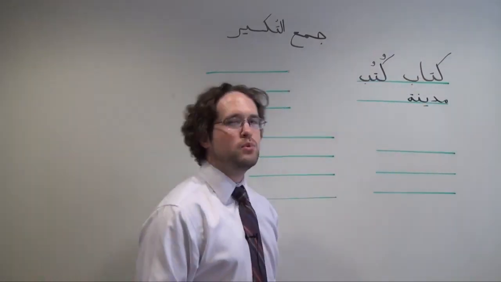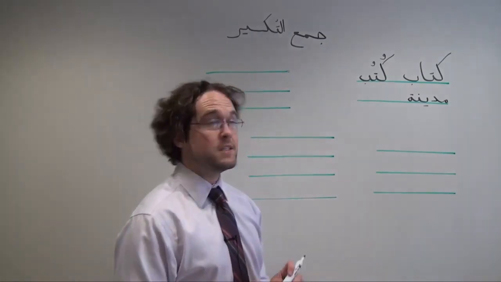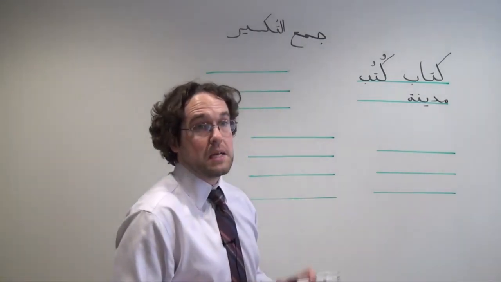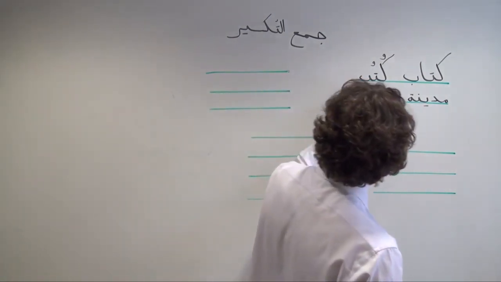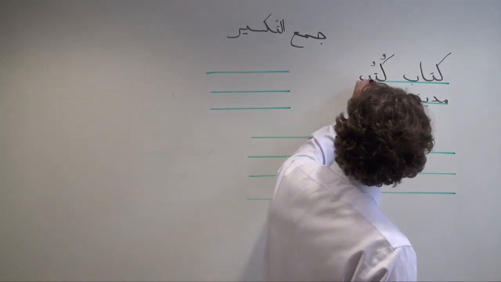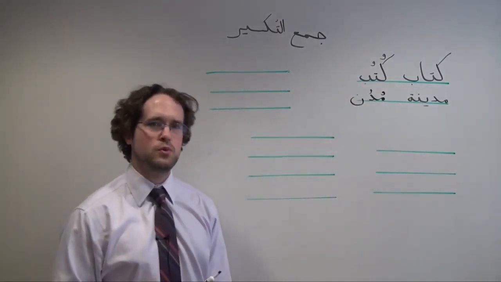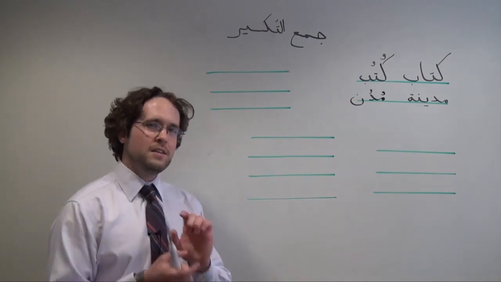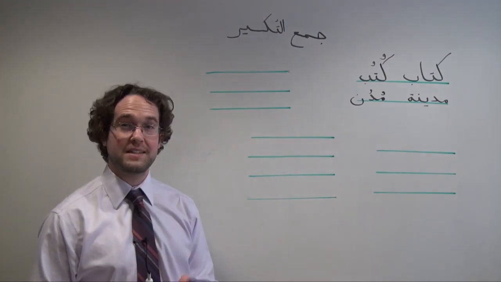Now you see a ta marbuta, so if you didn't know any better, it might be a decent guess to think, oh, Medina, Medinet. But in fact, it has a broken plural as well, which is mudun. Try saying those to yourself. Kutub, mudun.